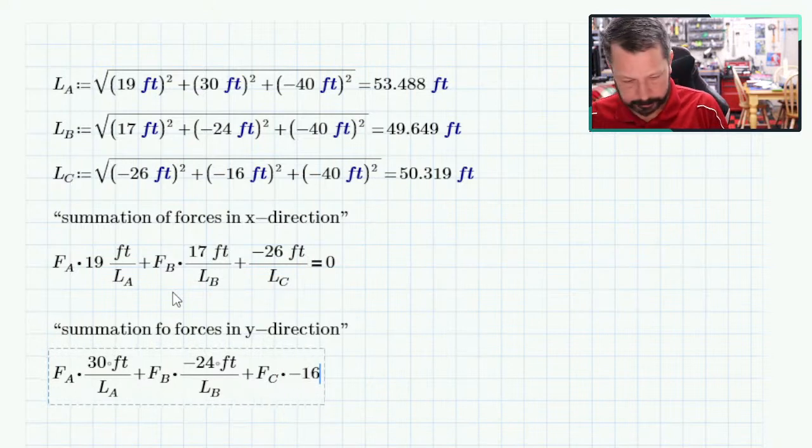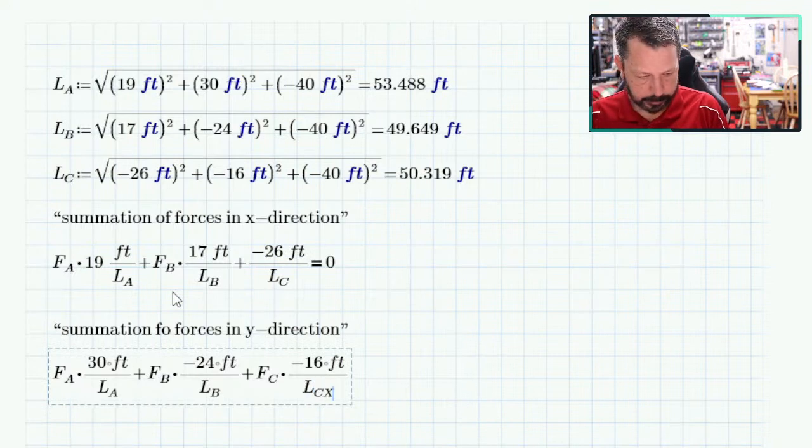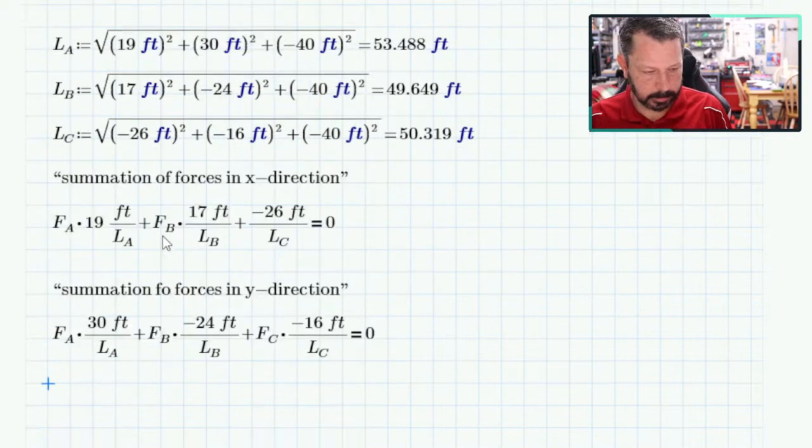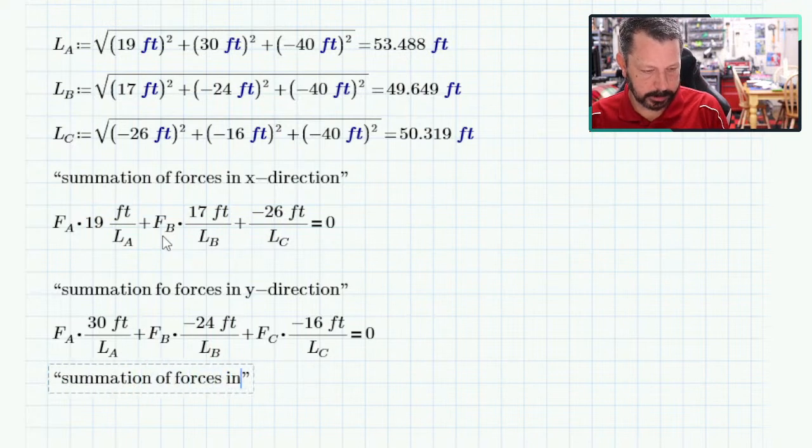What was 16? In the y direction, that adds to 0. And then let's get a little more room there. Summation of forces in z direction.